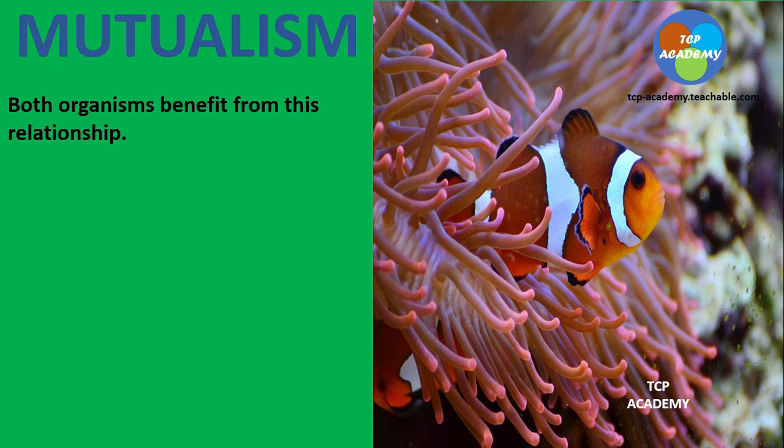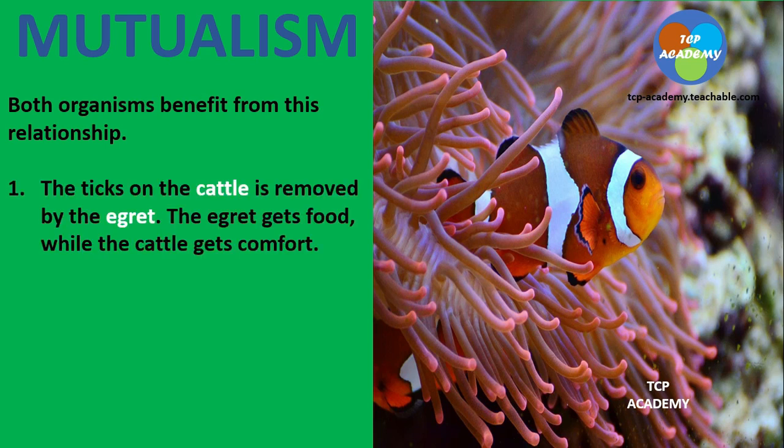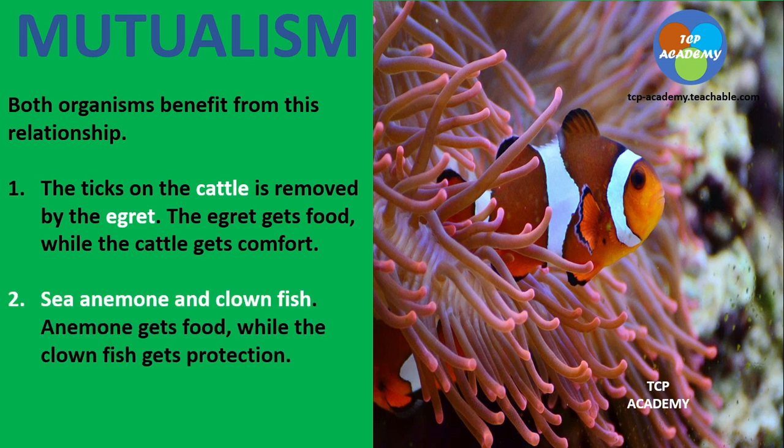So with mutualism, both organisms benefit from the relationship. The ticks on the cattle are removed by the egret. The egret gets food while the cattle gets comfort. The sea anemone, as is seen in the picture, and the clownfish share a mutualistic relationship, as the anemone is getting food from the relationship, while the clownfish is getting protection.